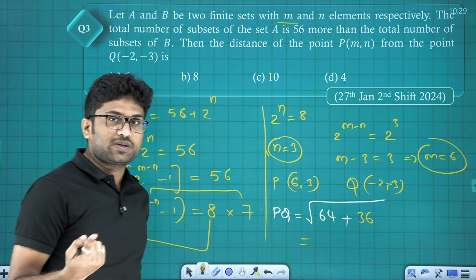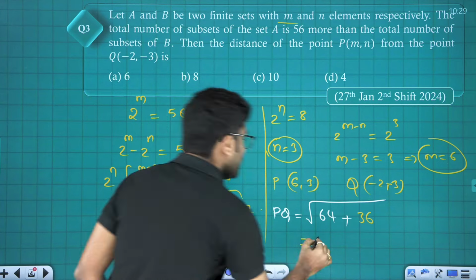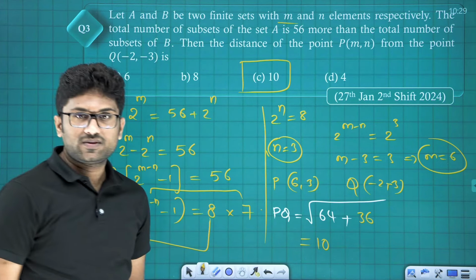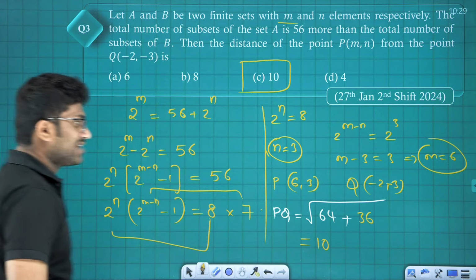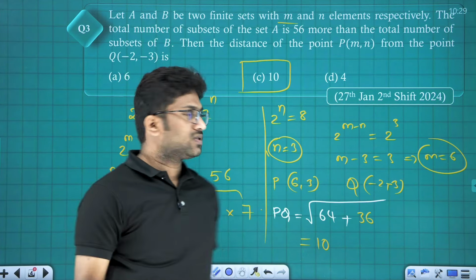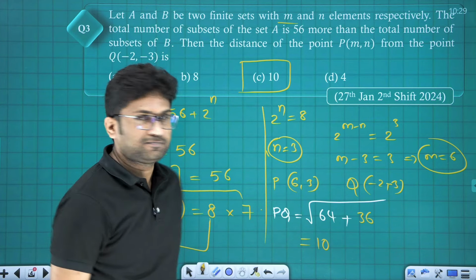Root over 64 plus 36 is 100. Root 100 is 10. So the distance between these 2 points is 10 units. Clear? Simple question. Actually, the question is only till here. If you can get the m comma n values, the distance between P and Q is simple.